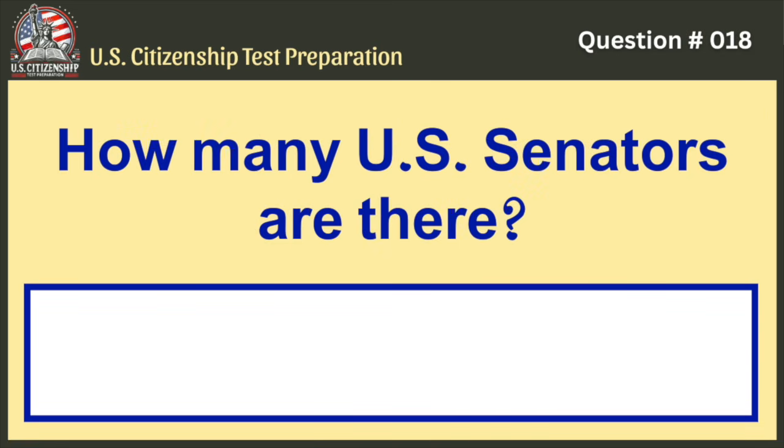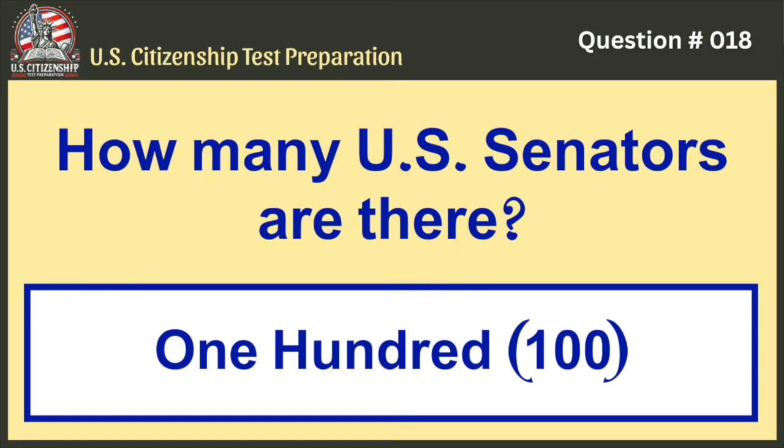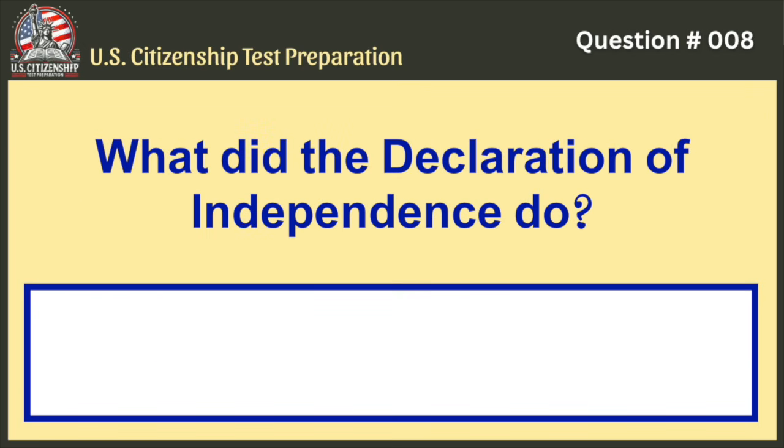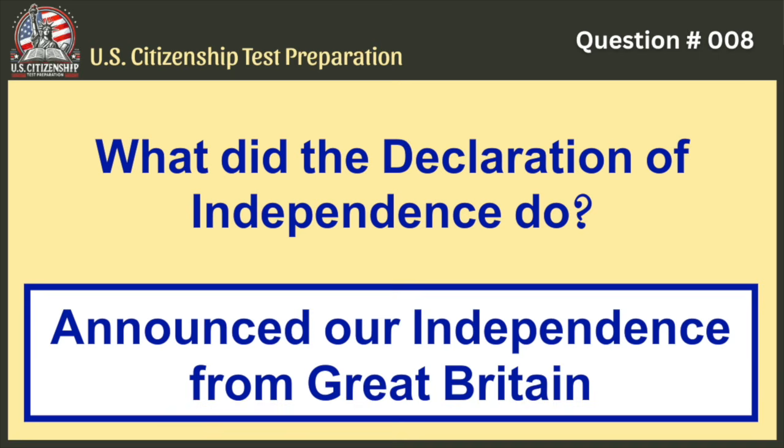How many U.S. senators are there? 100. What did the Declaration of Independence do? Announced our independence from Great Britain.